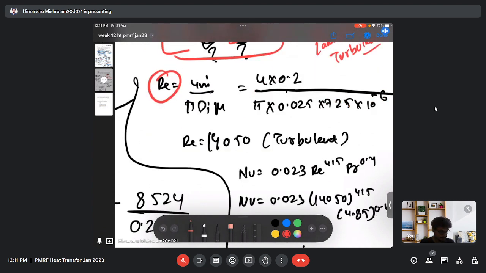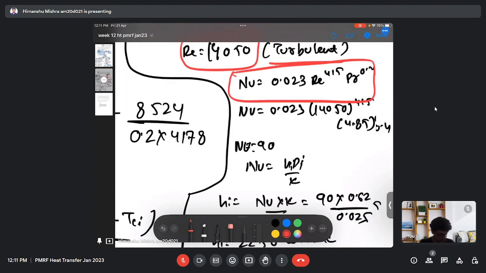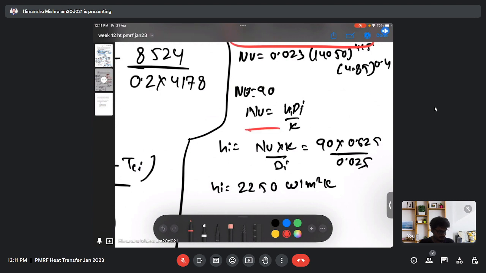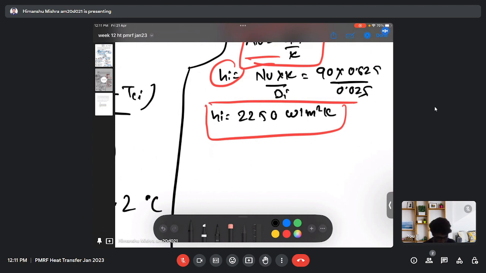From the Reynolds number, we come to know that the flow is turbulent, so we use the turbulent Nusselt number correlation. Once we get the Nusselt number, we use the general formula for the Nusselt number to calculate the heat transfer coefficient. So this is my inlet heat transfer coefficient. Now to calculate the outer heat transfer coefficient, I will use a similar procedure. I will calculate the Reynolds number at the outlet.